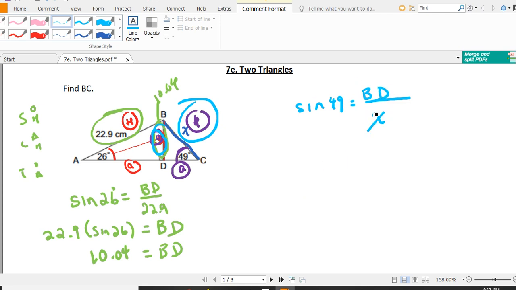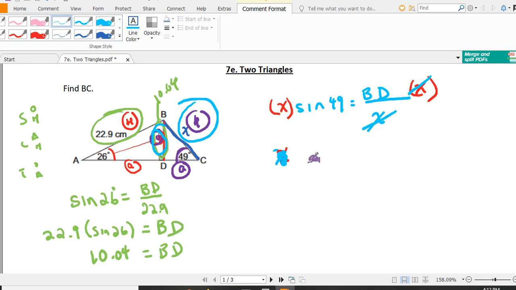Now in this case, we're going to do the same thing, just multiply both sides by x. I'm just going to show you the long step here. Multiply both sides by x, so times x, times x. If I multiply both sides by x, these two cancel out, right?